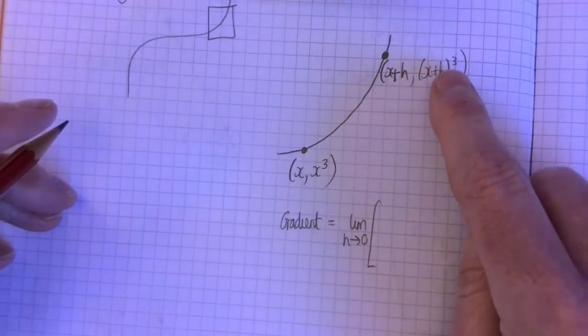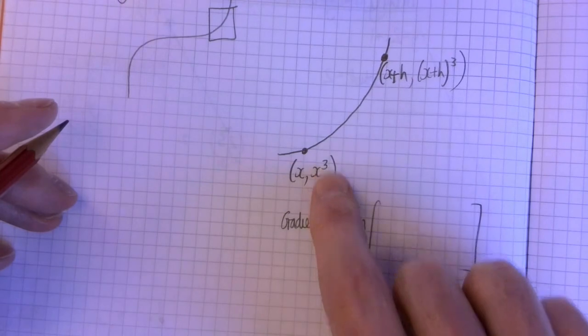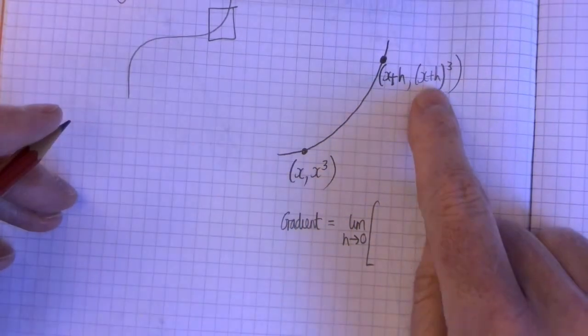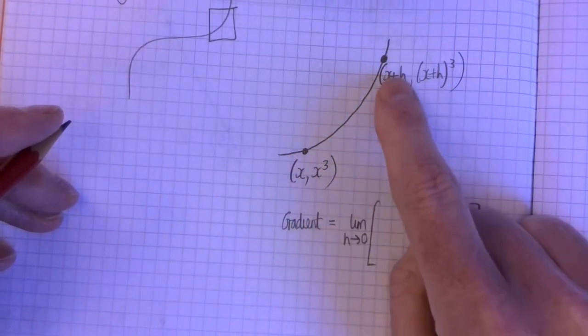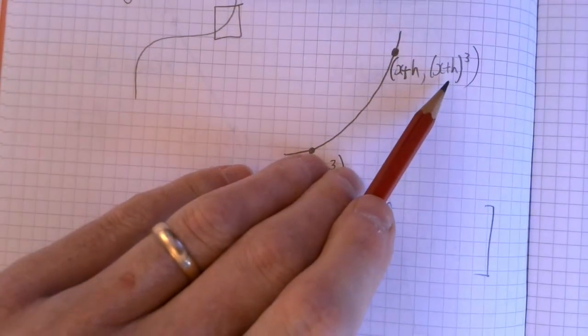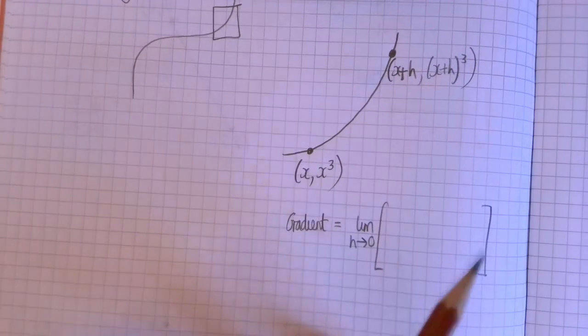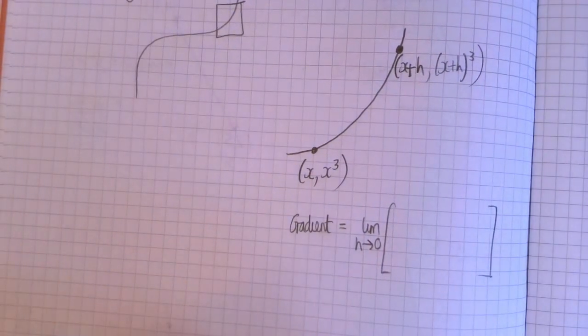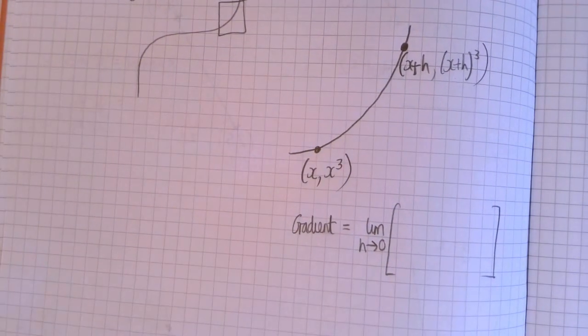So you're going to do y2 take away y1 divided by x2 take away x1. Expand that first, see how far you can get this time. Bit harder, but certainly possible.